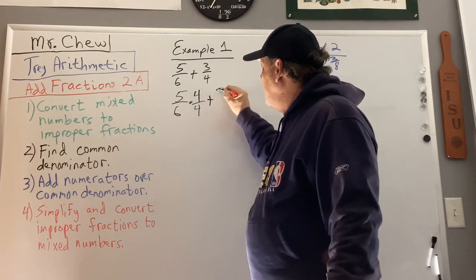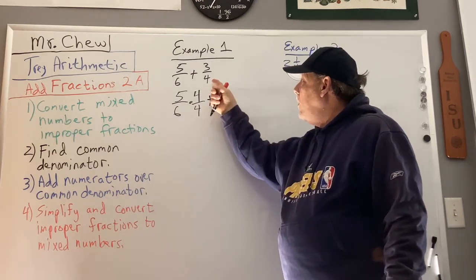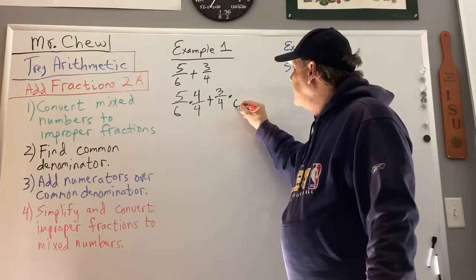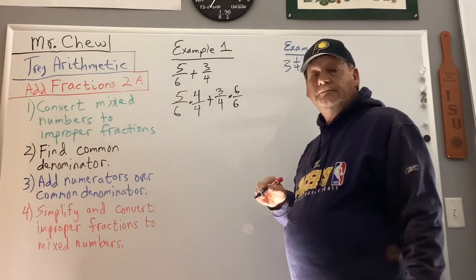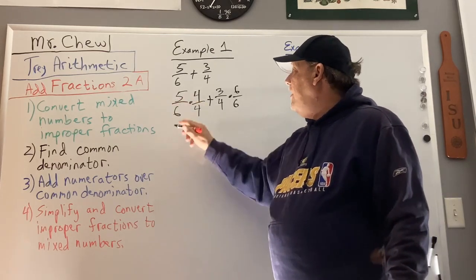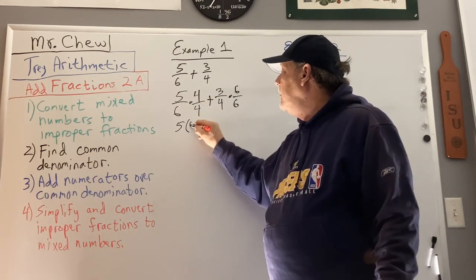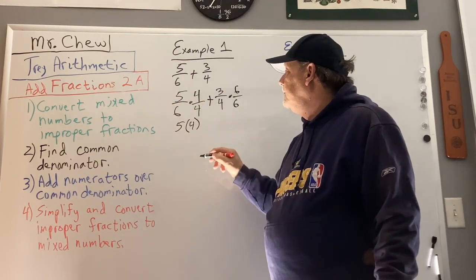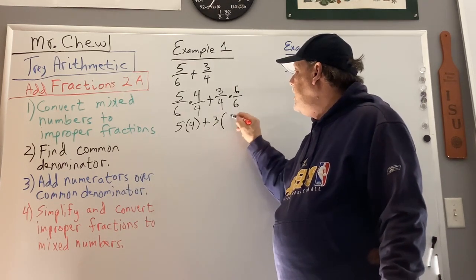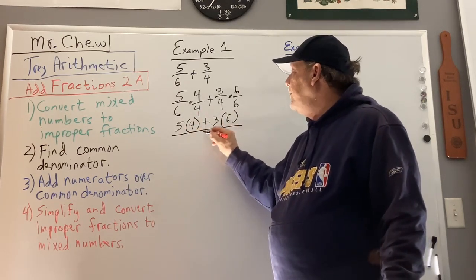I take my 3/4, and now I take the 4 and multiply it by 6 over 6. All right, so now I take my 5 times 4 plus the 3 times 6, and then that is all over 24.